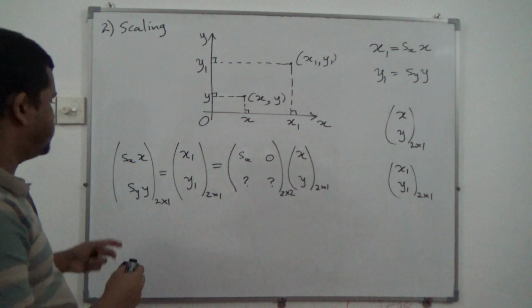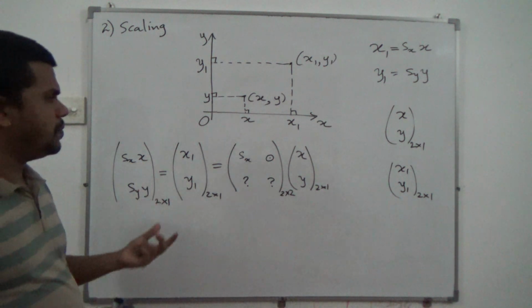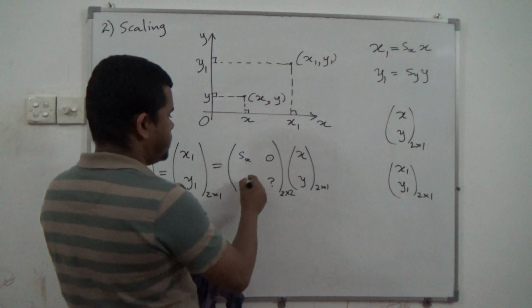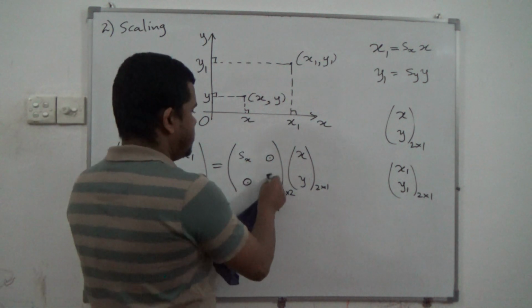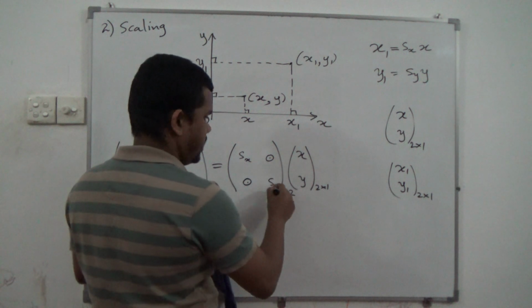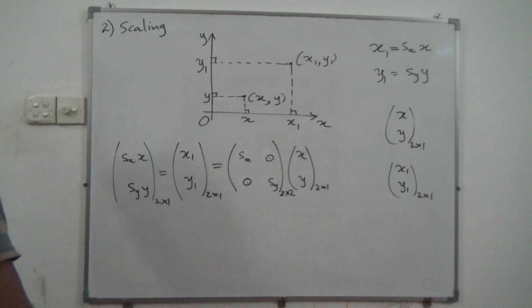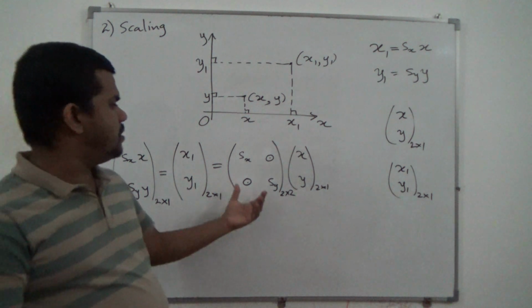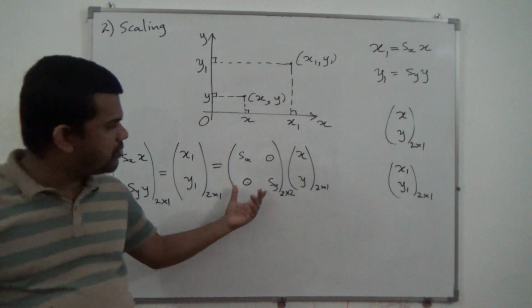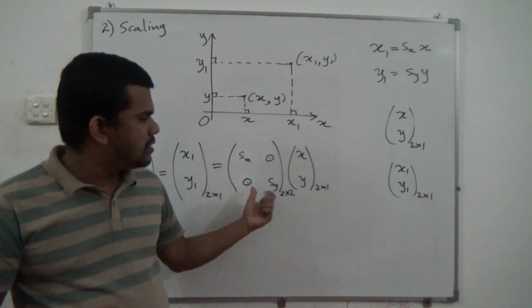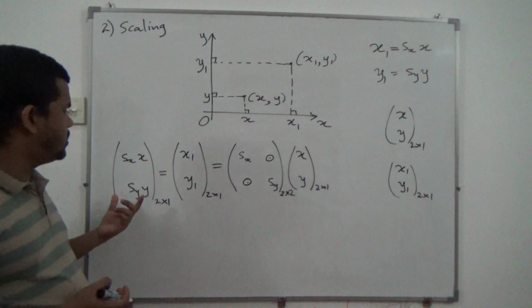And now sy into y, no x terms, therefore here it is 0 and here it is sy. Now we could find a matrix so that when we multiply these two, you will get this.